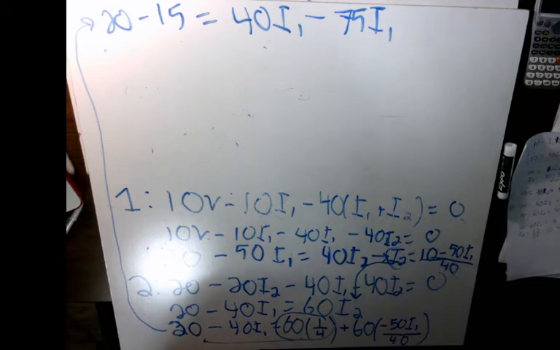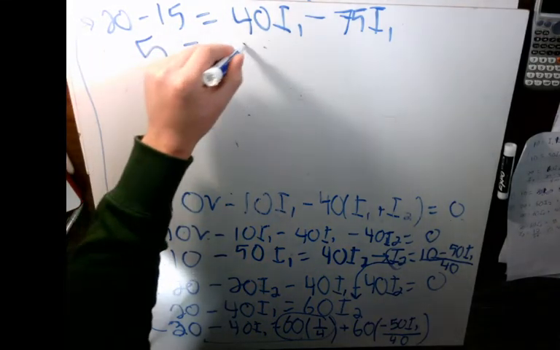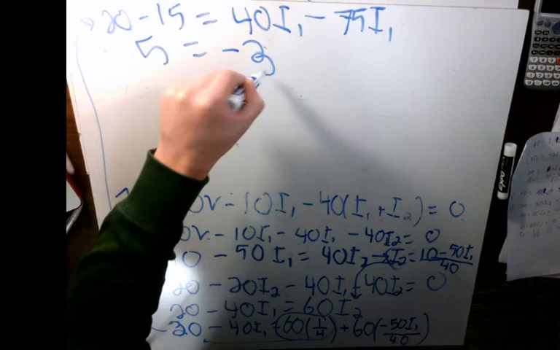And then we got to bring them all together. We got 5 is equal to negative 35I1.